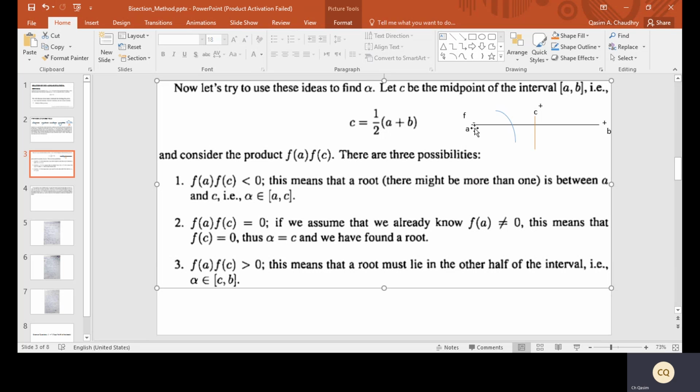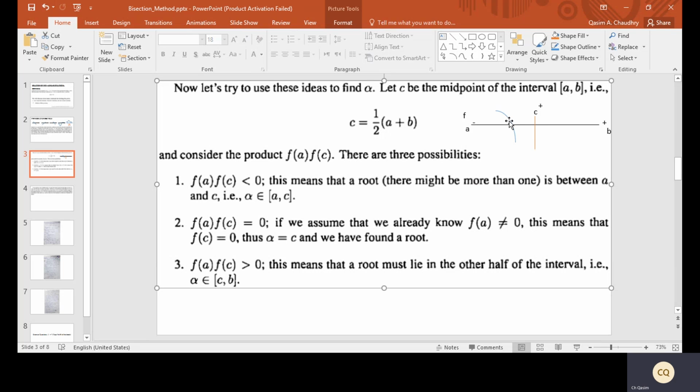So now there can be three possibilities. The first possibility is f of a into f of c is less than 0. Now this is the case. See, a is negative and c is positive, so the root lies between a and c. Now what can be the other possibility?